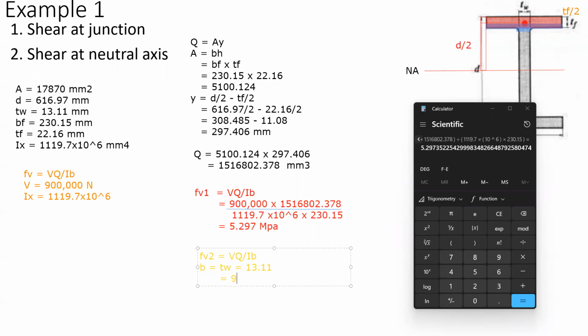This is 900,000 times Q, which would be the same, 1516802.378, over 1119.7 times 10 raised to 6 times TW, 13.11. Okay, so let us put this into our calculator.